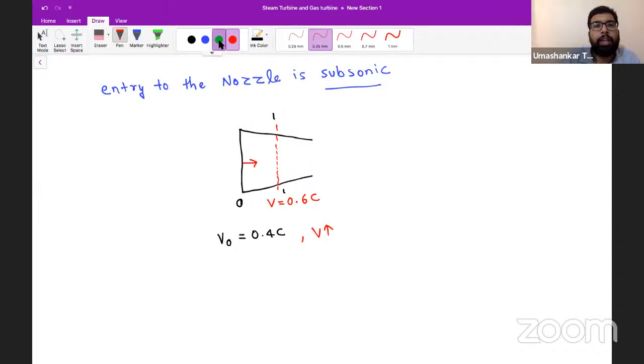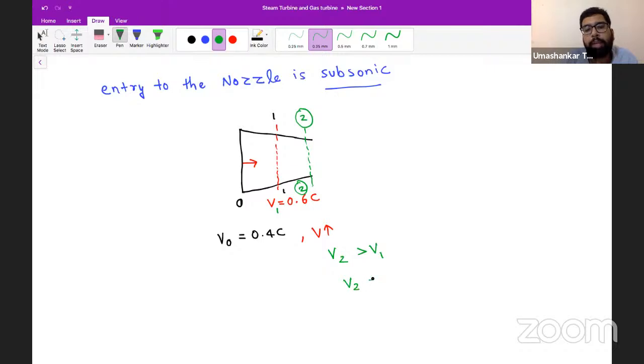Let's say we have converged it even further and reached point 2. Now the velocity will further increase, and v2 will be greater than v1.